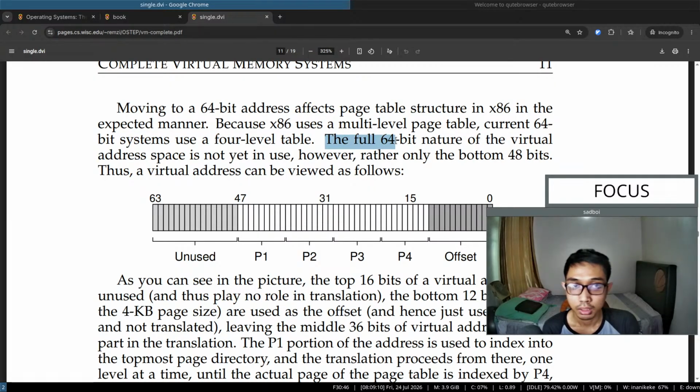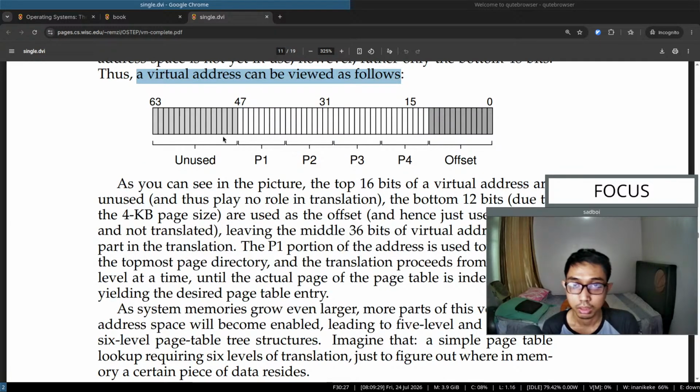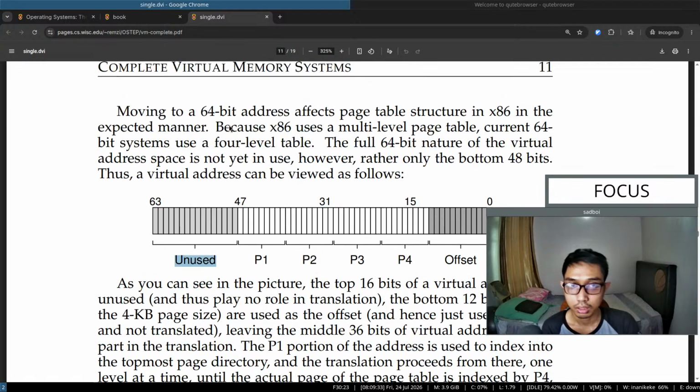Interesting. The full 64-bit nature of the virtual address space is not yet in use, but rather only the bottom 48 bits. Thus a virtual address can be viewed as follows. Oh, this one is unused.